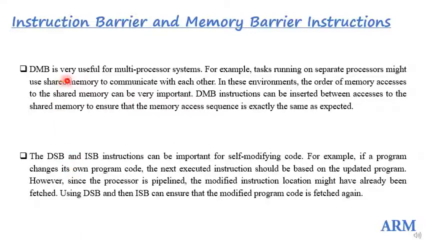DMB is very useful for multiprocessor systems, that is, in the case of a processor-coprocessor environment. For example, tasks running on separate processors might use a shared memory to communicate with each other. So the processor and the coprocessor may be making use of the same memory for memory access operations. In these environments, the order of memory access to the shared memory can be very important.